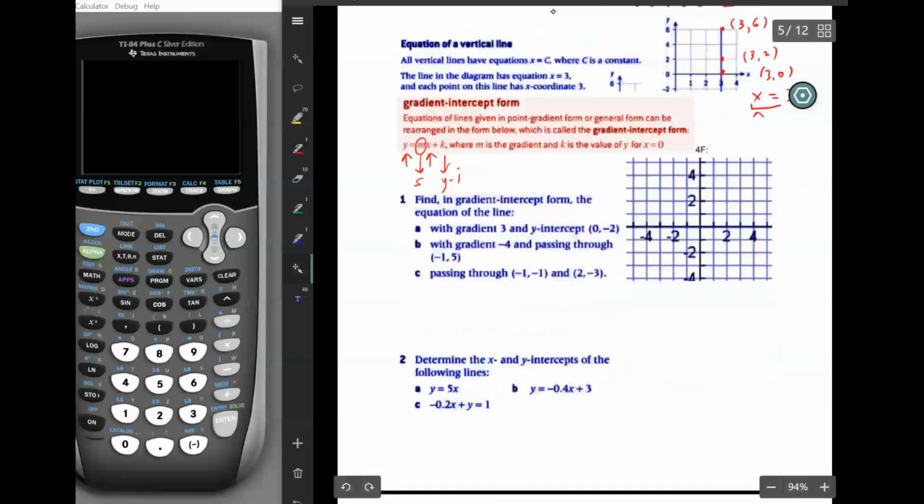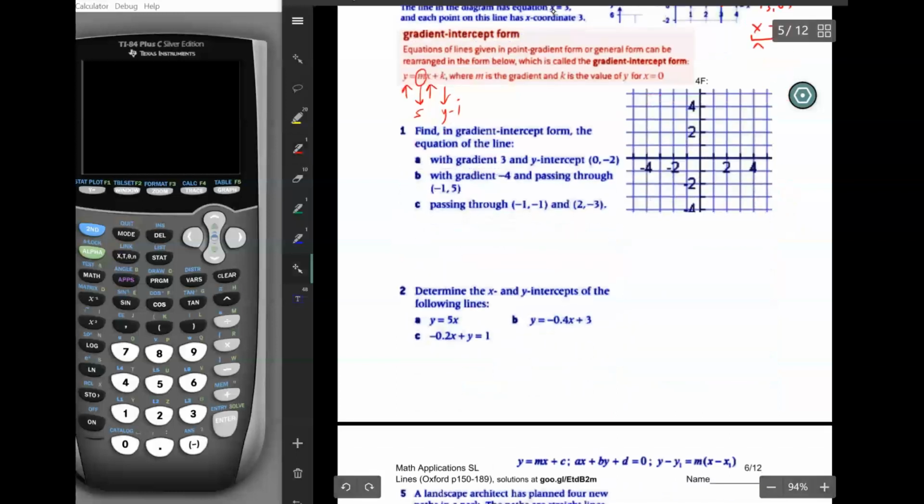So the next problem says, find in gradient intercept form the equation of the line with gradient 3 and y-intercept (0, -2). This is pretty easy because, remember, gradient intercept form has y equals mx plus c, where m is the slope or gradient and c is the y-intercept.